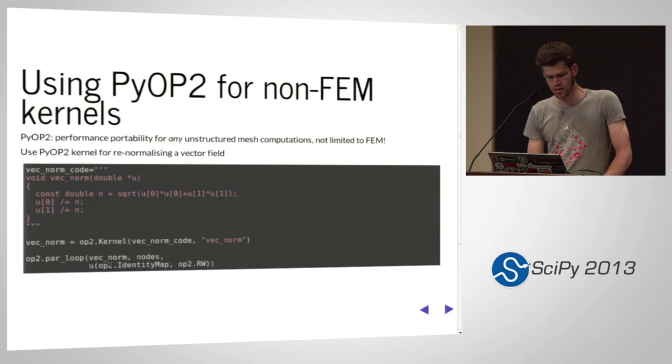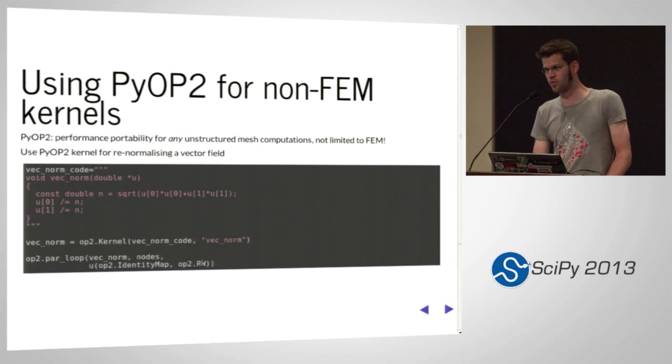data with the access descriptor, which consists of the mapping that you want to use. So in this case, the computation in the kernel is done on the nodes themselves, so there is no indirection. This is then a direct mapping, or an identity mapping, which we call it in our API.